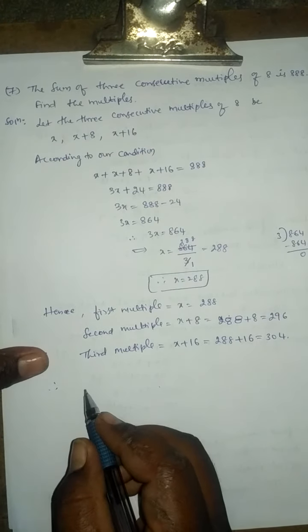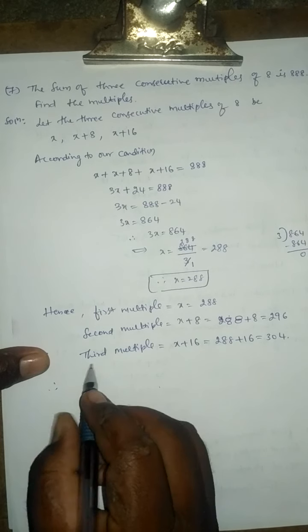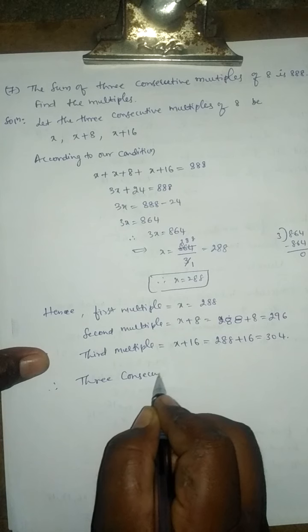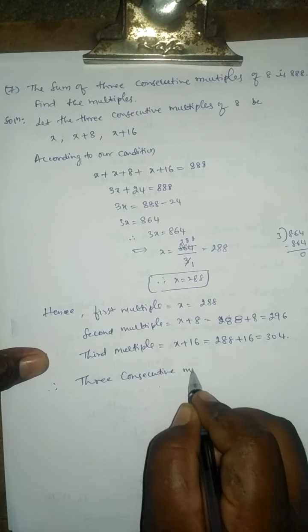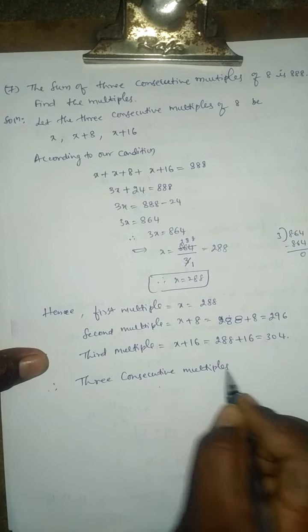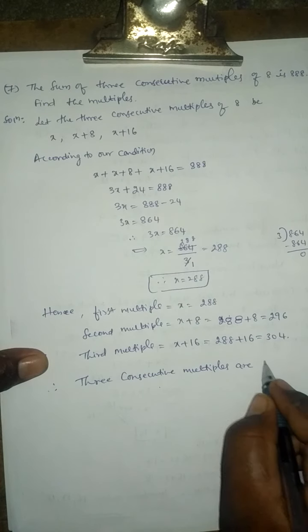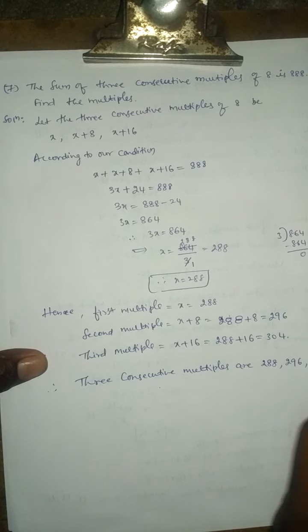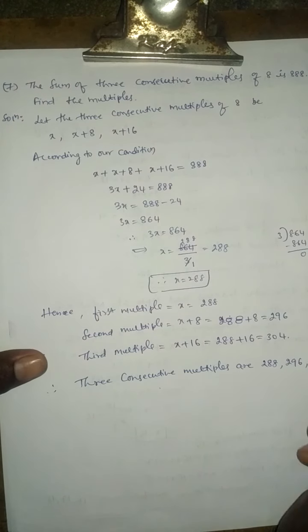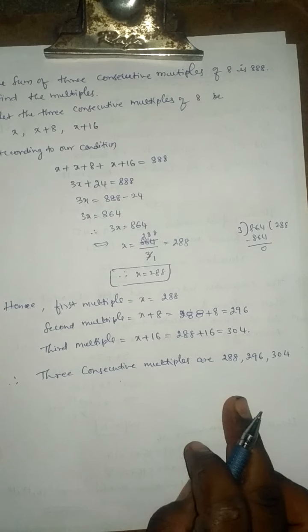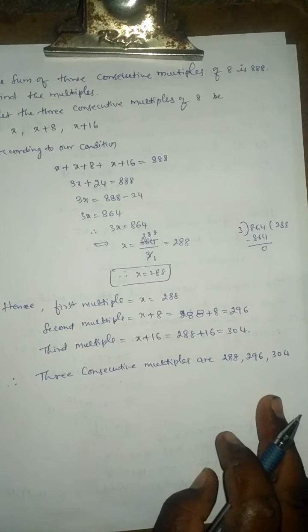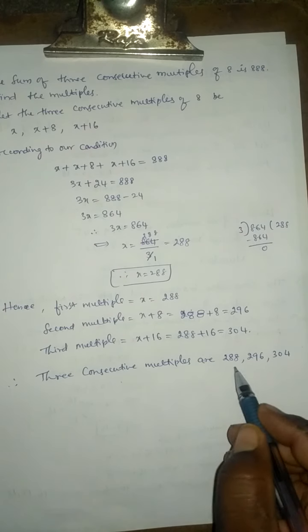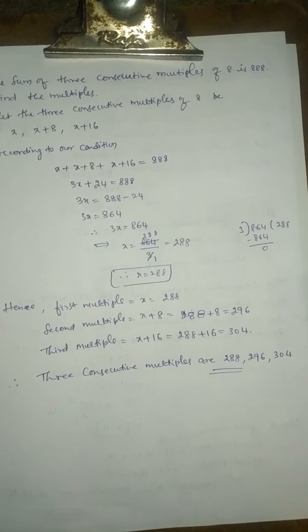Therefore, the 3 consecutive multiples are 288, 296, 304. So these are the 3 consecutive multiples of 8. If you add these 3 numbers, you are going to get the sum as 888. This is our required result.